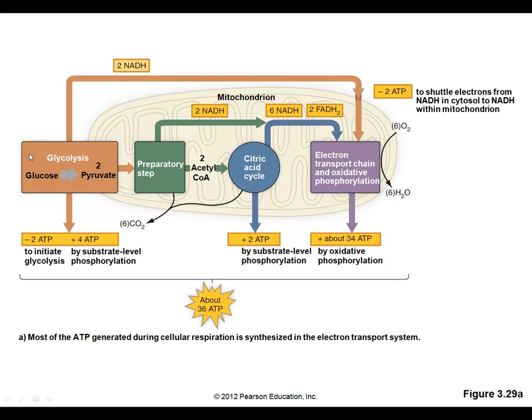So this is the summary of the process again. Glycolysis will give you 2 pyruvates. Pyruvates will be taken to the preparatory step, which will give you 2 acetyl groups. It will be taken by coenzyme A to the citric acid cycle.